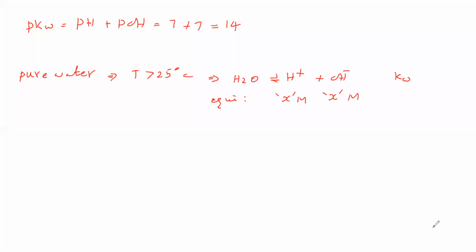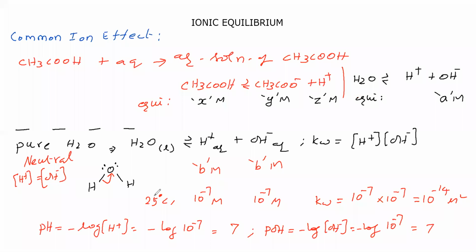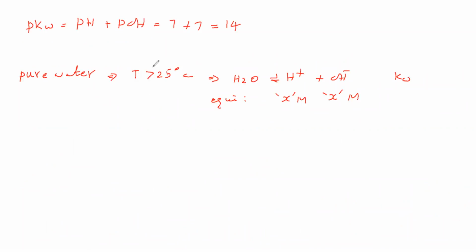When the temperature is 25 degrees Celsius, Kw of pure water is 10 power minus 14 molar square. Now the temperature is greater than 25 degrees Celsius.